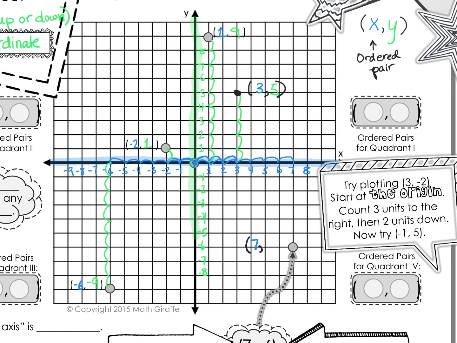And then from there, from 7, I'm going to go down, which means it's going to be negative. -1, -2, -3, -4, -5, and -6. So my second number is -6. And then I close that parentheses. Pause and make sure that you have copied all of these notes.